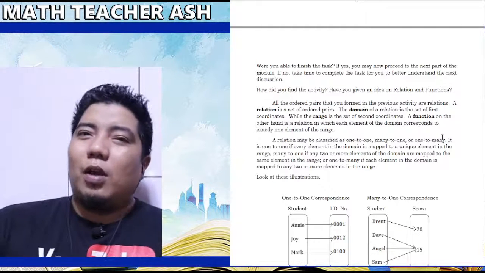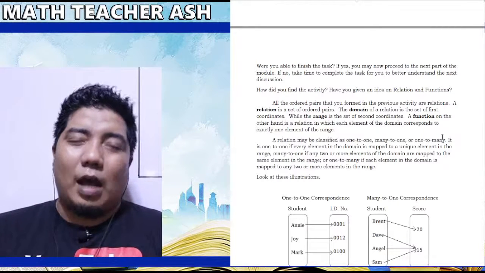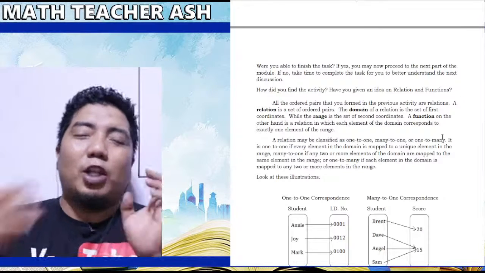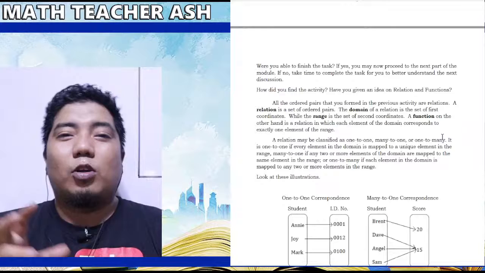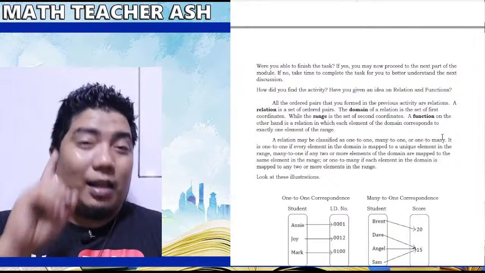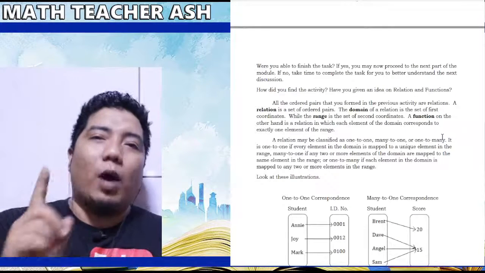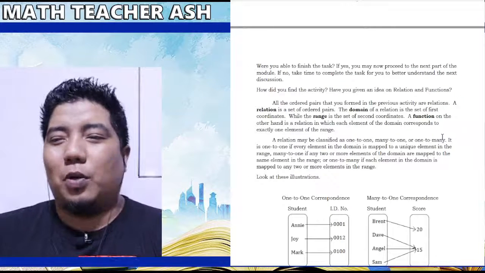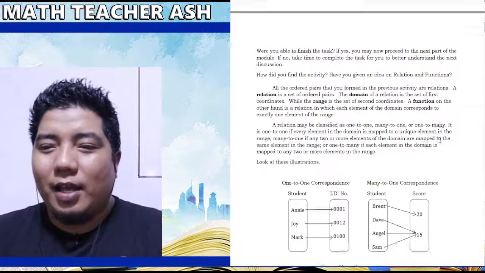Okay. So, when we say relation, as long as may connectivity, that's a relation. But when we say function, the first group is connected to exactly, remember, exactly one element or one member in the range. Okay. So, ganun ang pagkakaiba ng relation. Okay.